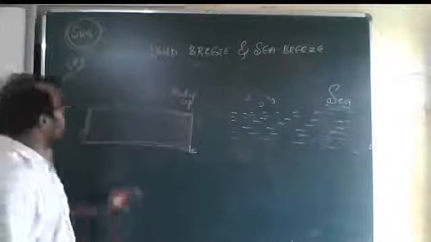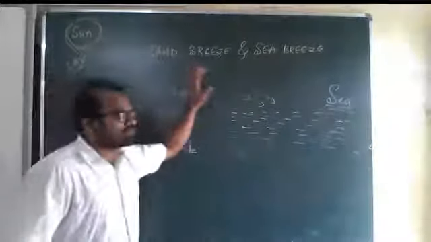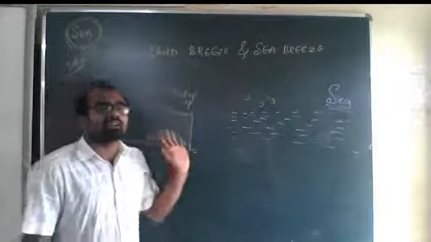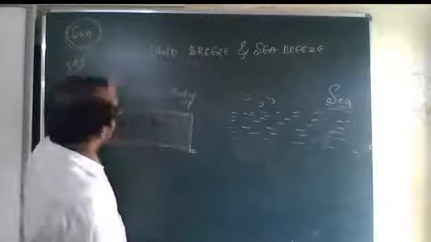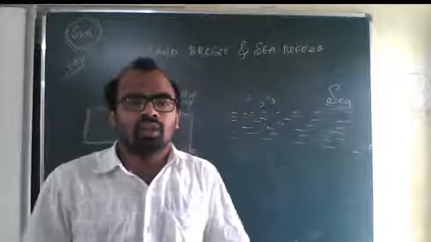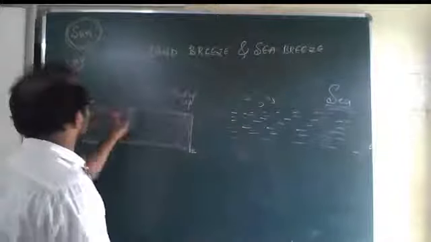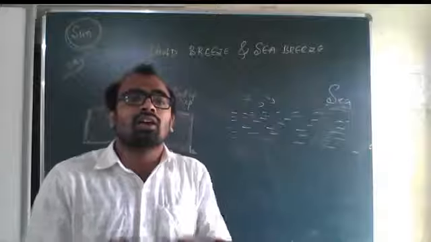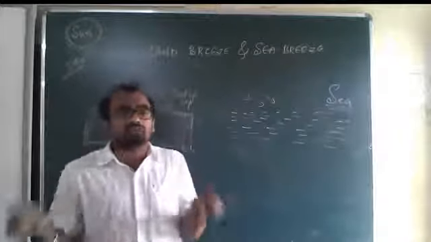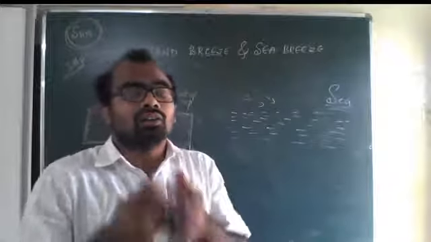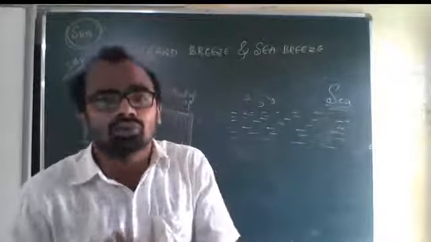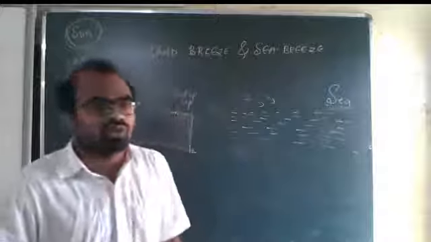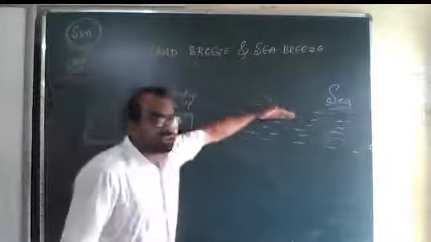Look, the sun's rays fall on the land and on the sea. But water takes a lot of time to heat up, whereas land takes very little time. So the air over the land becomes very hot due to the heat present on the land. The air over the sea does not heat up, because sea water takes a long time to heat. If the land takes one hour to heat up, the sea will take 4 hours. So in that 1 hour the land gets heated up and the sea does not.